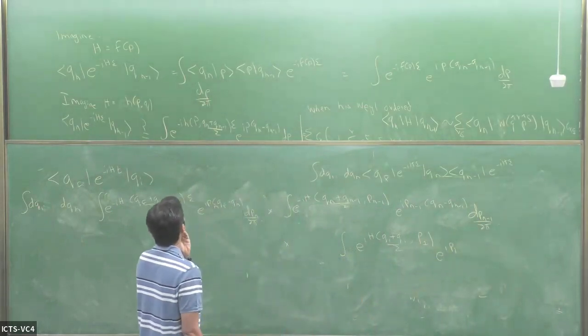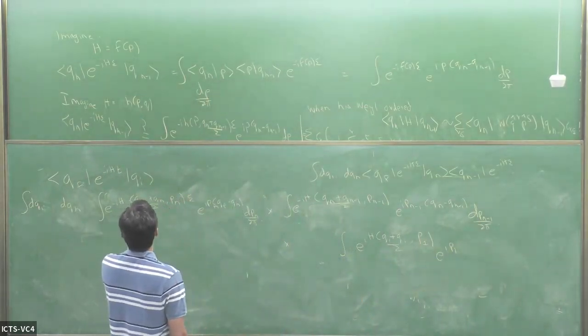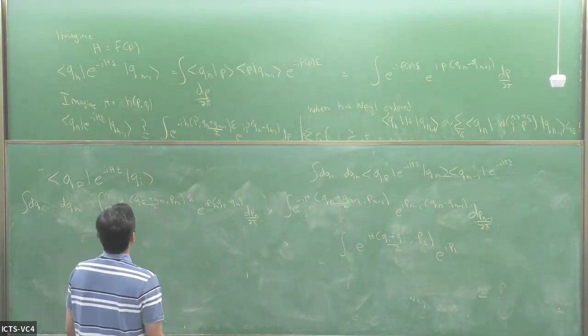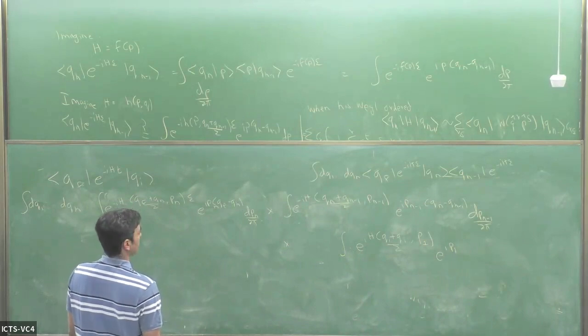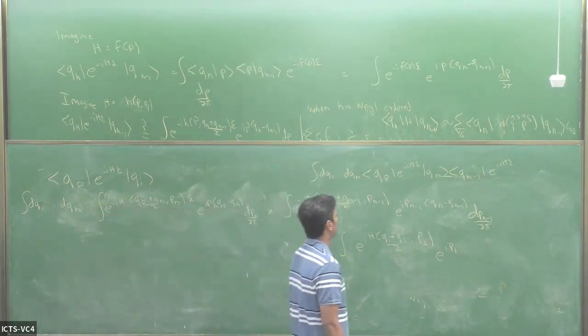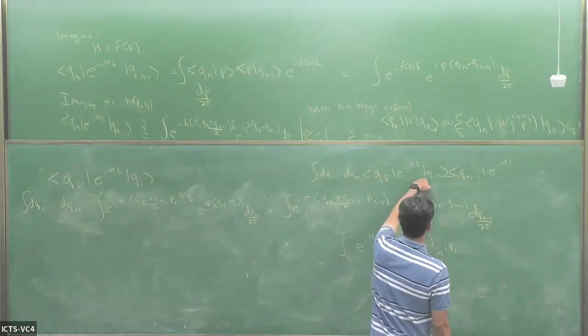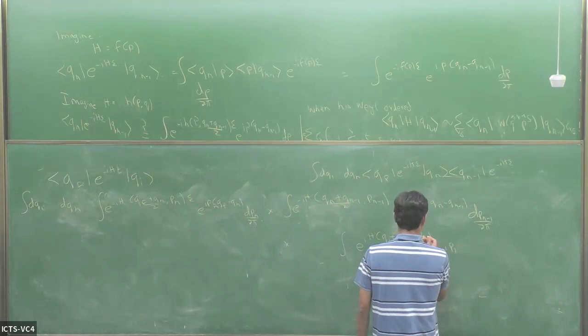Let's see. We introduced qn with p. So we put a pn into qn. So pn is going with this guy. So this will look like p0, in fact, I think.